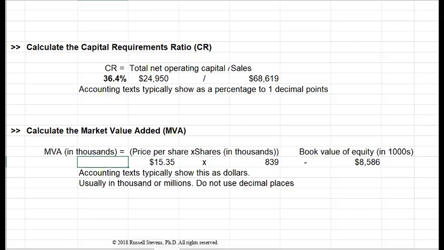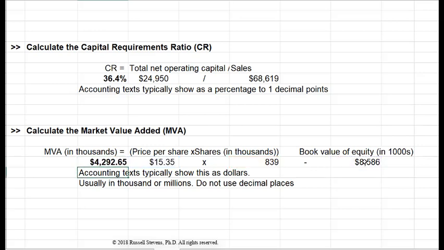As usual, start the formula with an equal sign, follow that with an open parenthesis. Highlight the 15.35, put in a star for multiplication, highlight the 839, type a closed parenthesis, followed by a minus sign, highlight the 8586, and press enter.